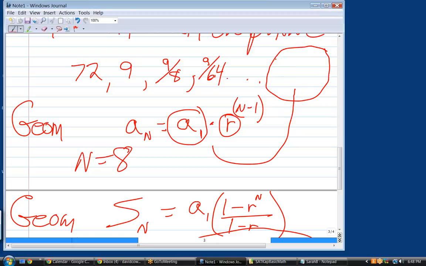It's 1/8 to the 8th power, which is going to be a really small number. You have to do this a little different. Take 0.125. That's 1/8. Take it to the 7th power, excuse me. And then multiply that number by 72.